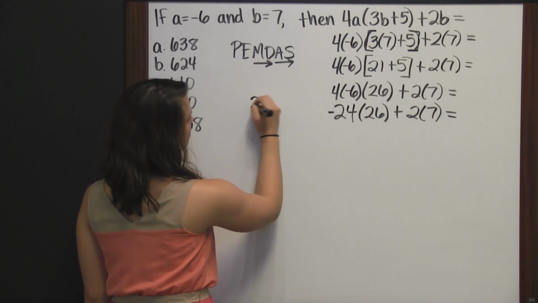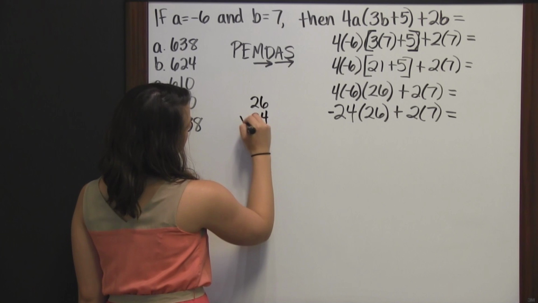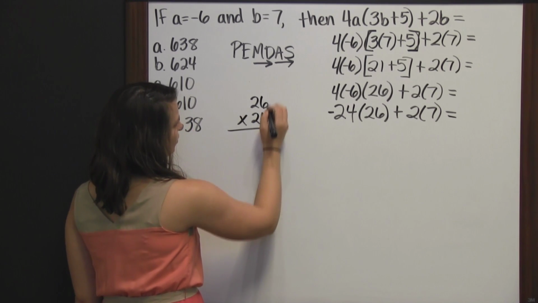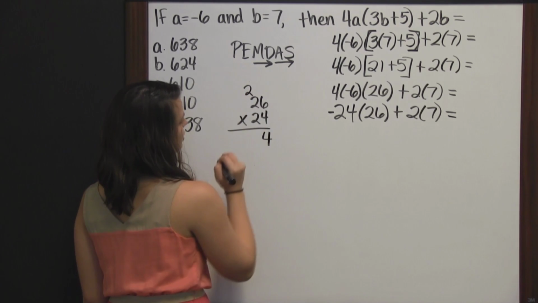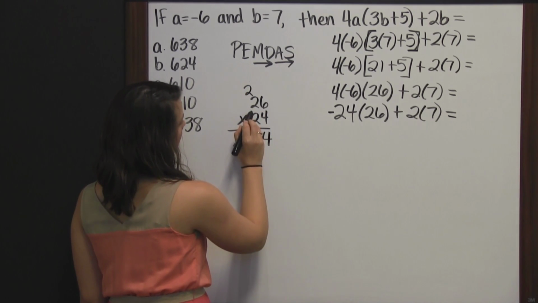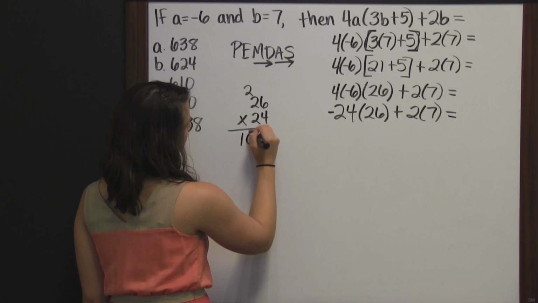And I'm going to do that just right here to the side. 26 times 24. 4 times 6 is 24. So you write the 4 and carry the 2. 4 times 2 is 8, plus 2 is 10.